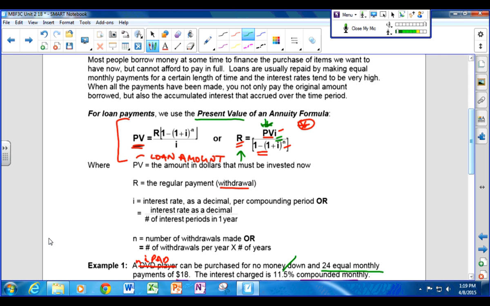Now, that second one, the R, for a lot of people, that's their retirement. The way you retire is you're saving a whole whack of money. Well, it doesn't start as a whole whack of money. It starts with $20 a week, $10 a week, and then it just builds up over the years.